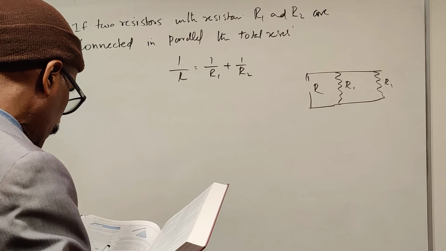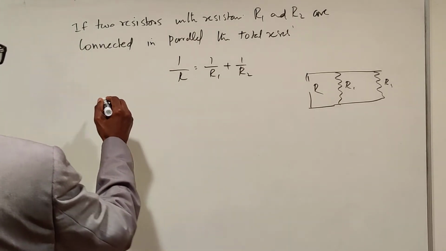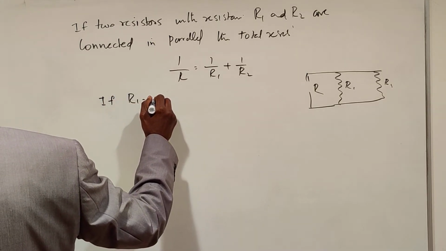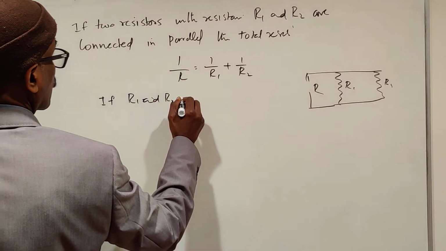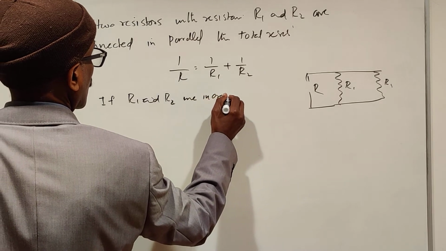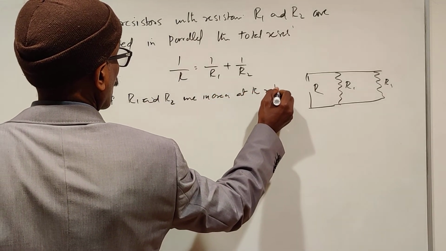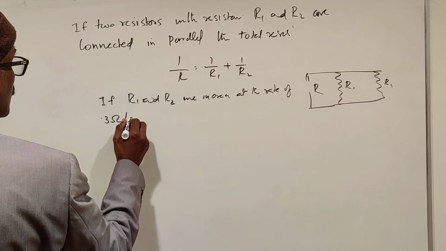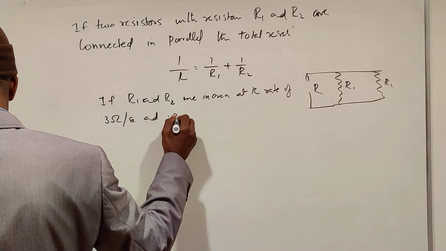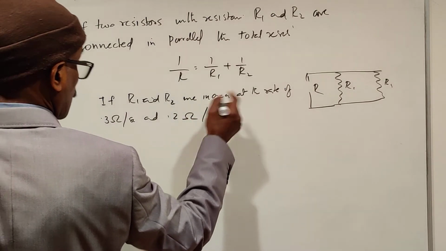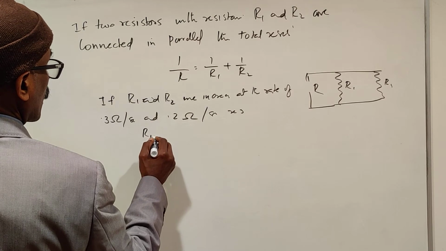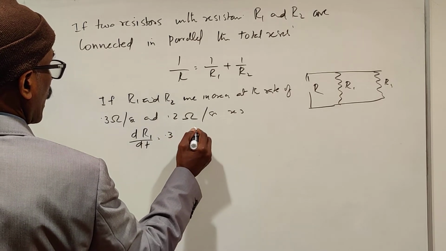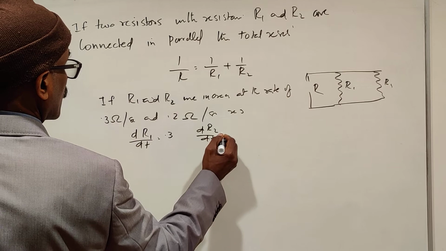What is the question? If R1 and R2 are increasing at the rate of 0.3 ohms per second and 0.2 ohms per second respectively, that is dR1 by dt equals 0.3 ohms, and dR2 by dt is 0.2.